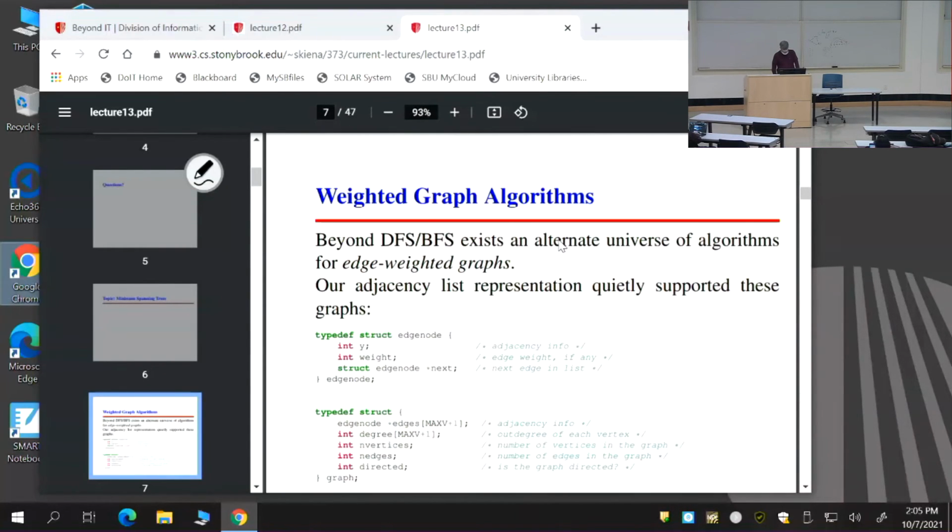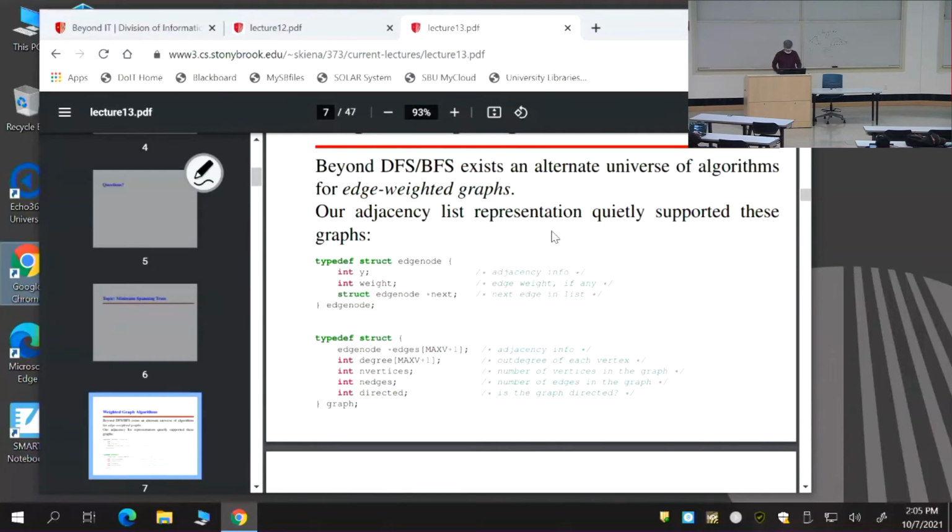So we've seen there's this world of breadth first search and depth first search, and surprisingly efficient graph algorithms for certain problems. There is another world of optimization problems that are related to things on weighted graphs, particularly edge-weighted graphs.